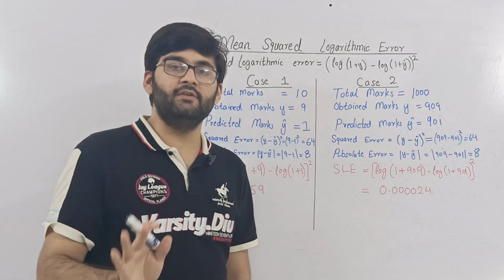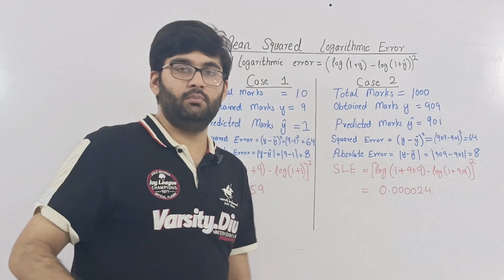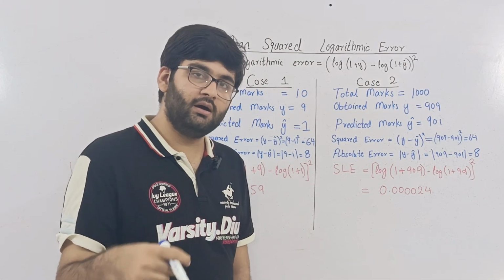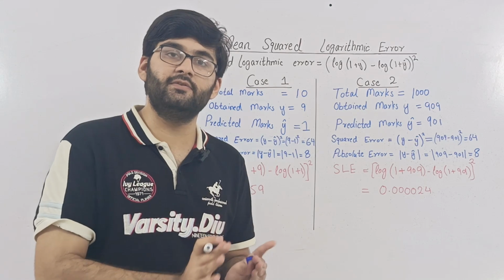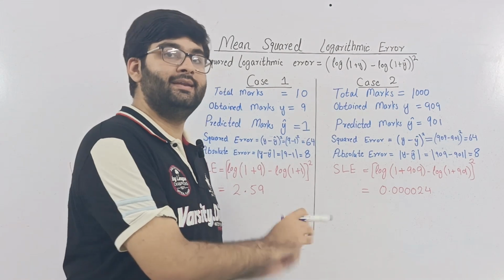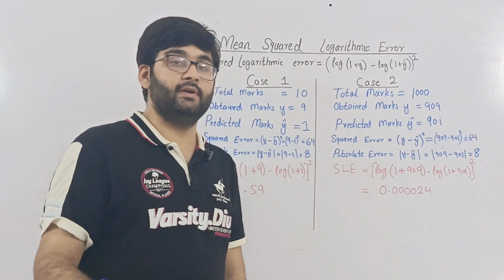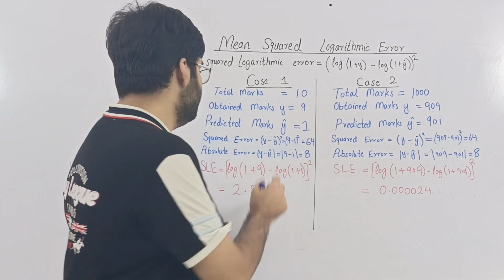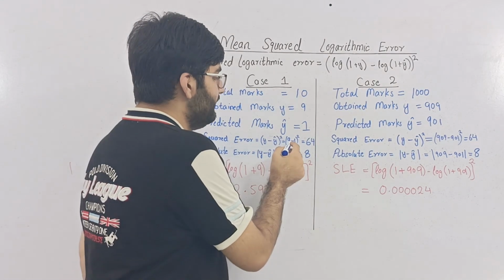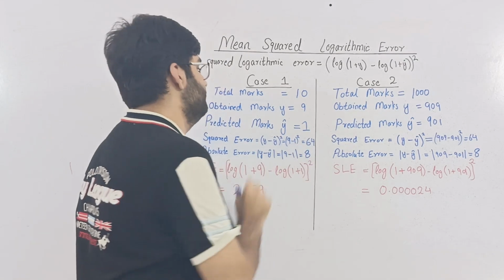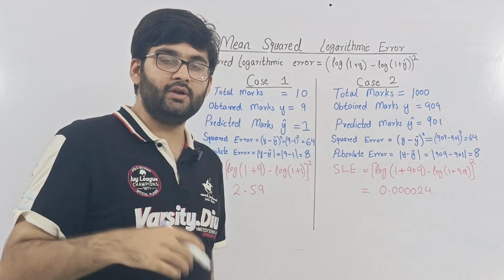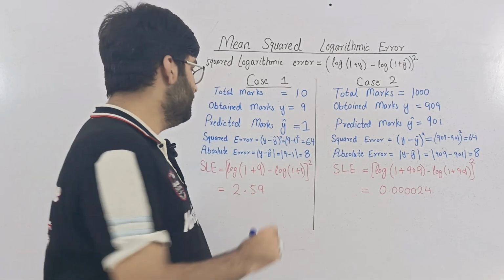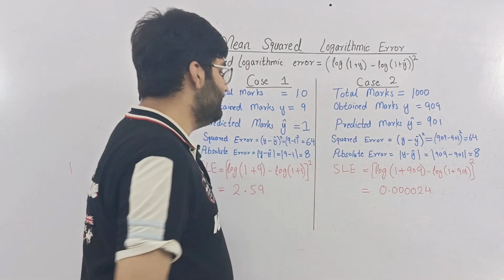Now this is a very bad prediction, because when the total marks are 10, 1 is very different from 9. So the model is failing badly. But if we look at the squared error, the squared error is 64. Similarly, if we look at the absolute error, the absolute error is 8.